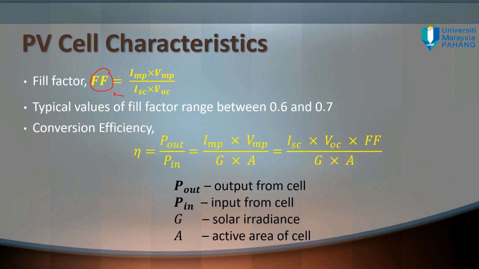For example, the fill factor is the ratio of the PMP, which equals IMP times VMP, to the ISC multiplied with VOC. They write here typical values of fill factor is between 0.6 and 0.7. The higher is better for fill factor.